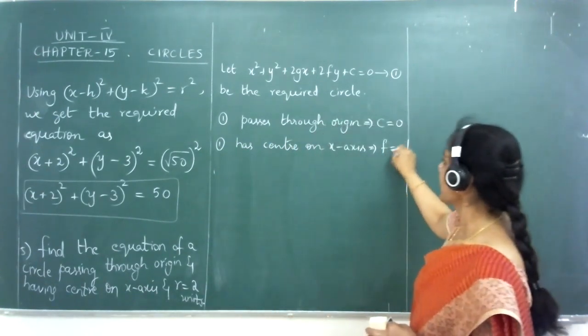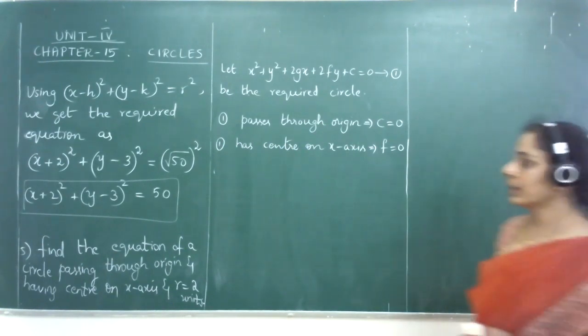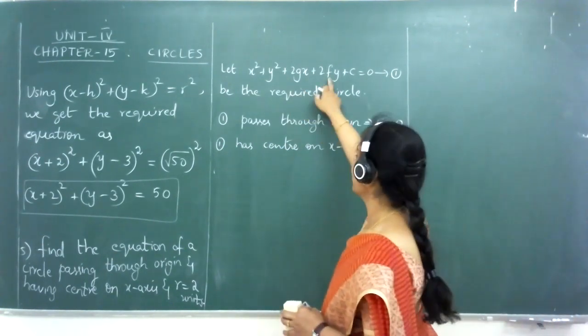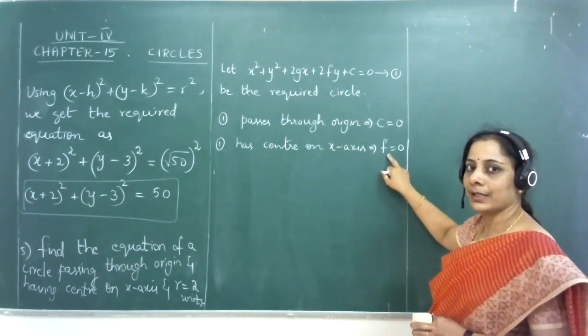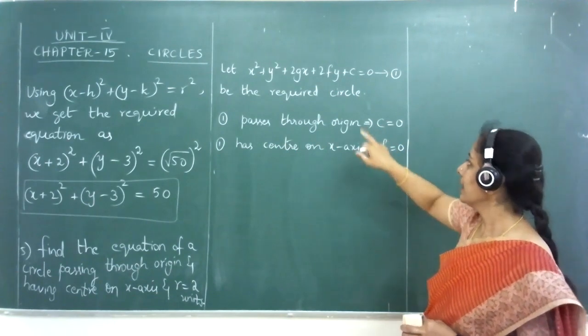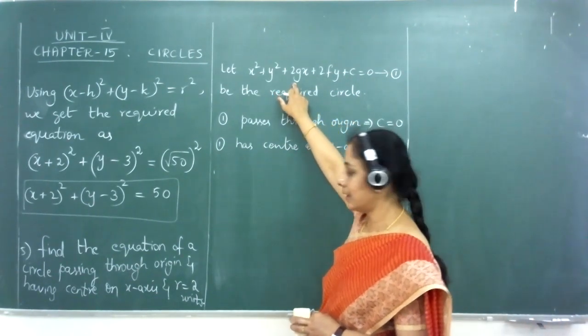When the center lies on the x-axis, you will have f equal to 0. Out of 3 parameters G, F, and C, 2 values we already have with us. We obtained the values of F and C, isn't it? It is just enough if we get the value of G now, which is the third unknown.